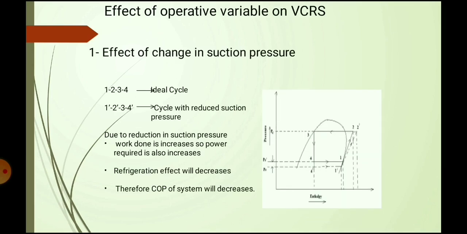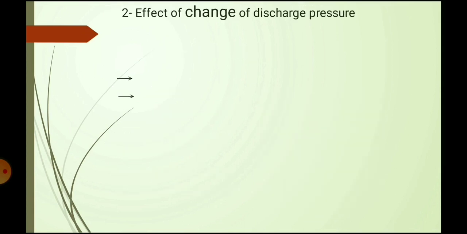Next one is the effect of change of discharge pressure. Discharge pressure, or delivery pressure, or condenser pressure, or high pressure, all are the same. I am repeating again: condenser pressure, delivery pressure, discharge pressure, all these are the same.